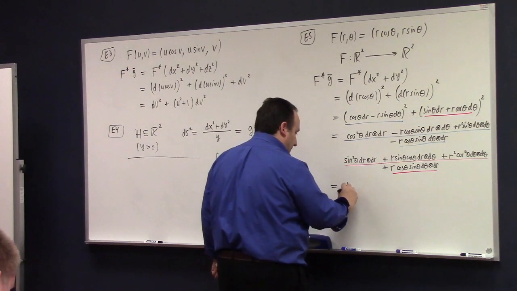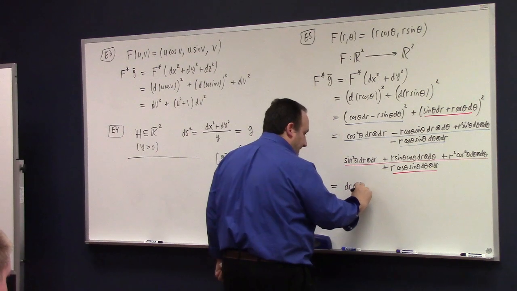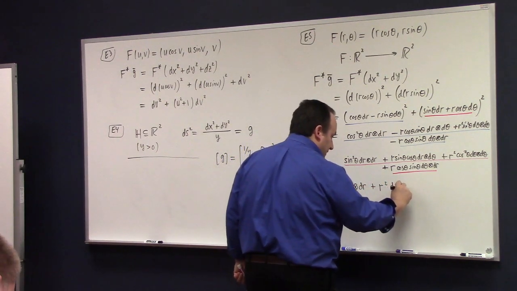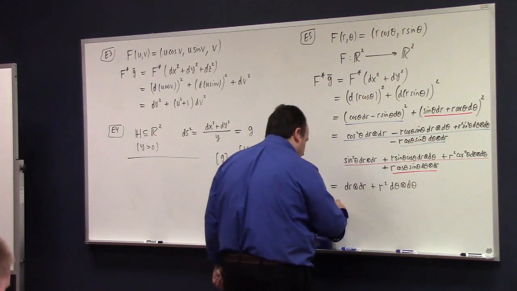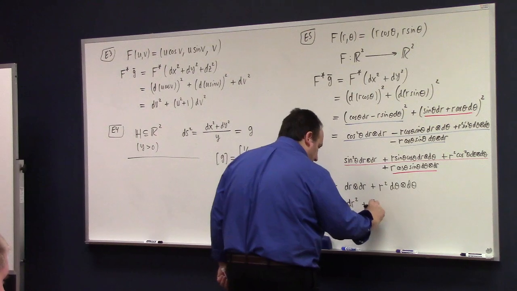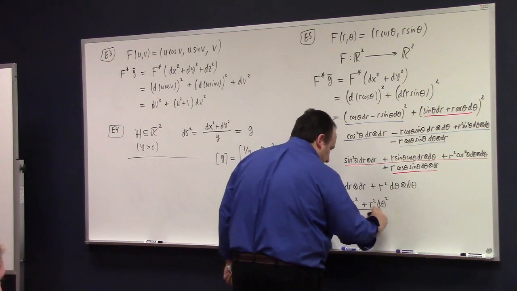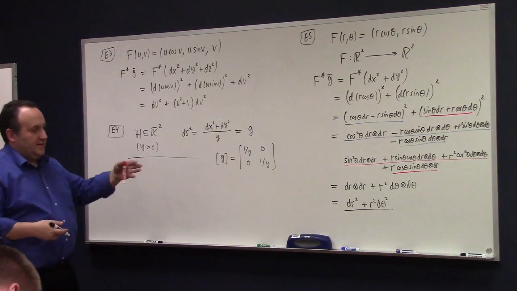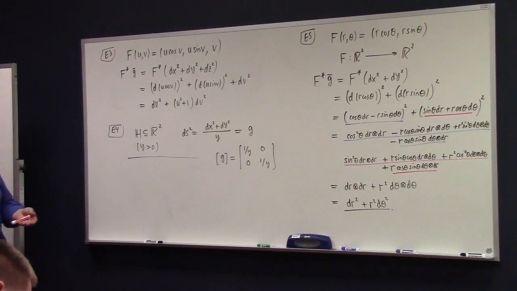So we just get dr tensor dr plus r squared d theta tensor d theta, which we can more briefly write as dr squared plus r squared d theta squared. And so there you go. That's the formula for the Euclidean metric in polar coordinates.